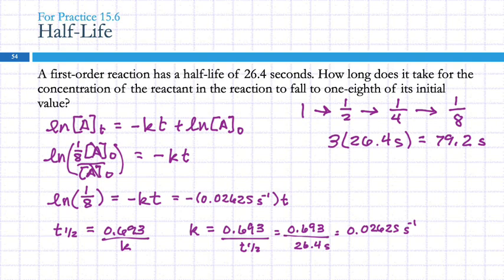It doesn't give us t, so we can use x. Press enter, start x at 0, press enter 2 more times. Where am I? t is equal to 79.2 seconds. Ta-da!